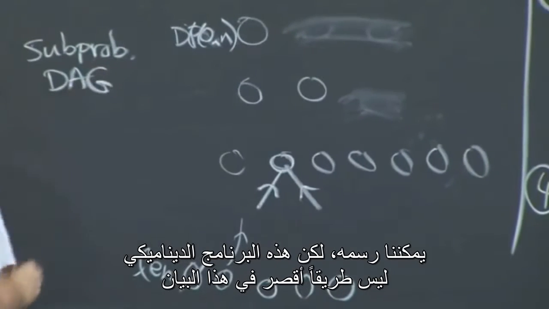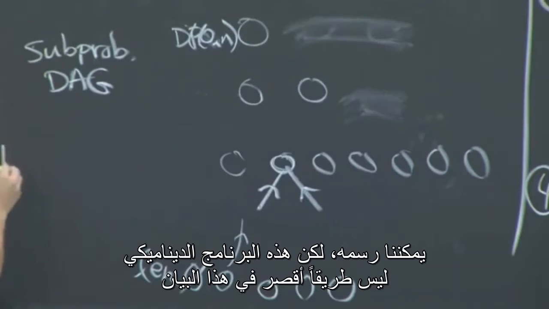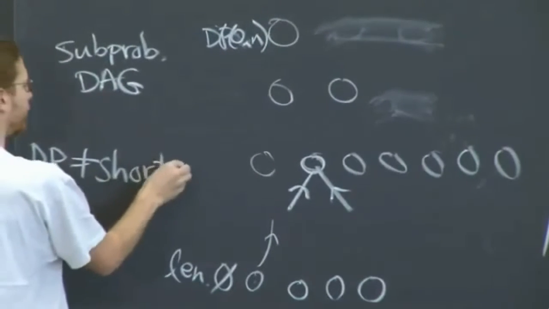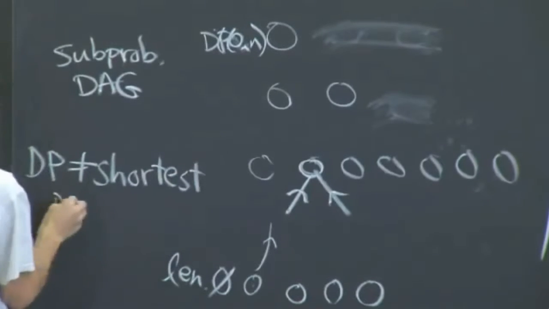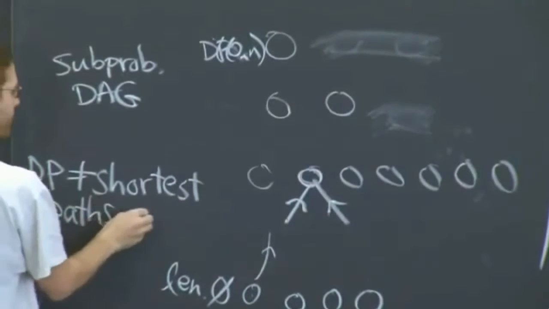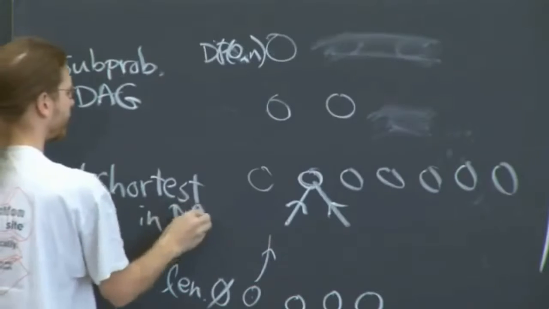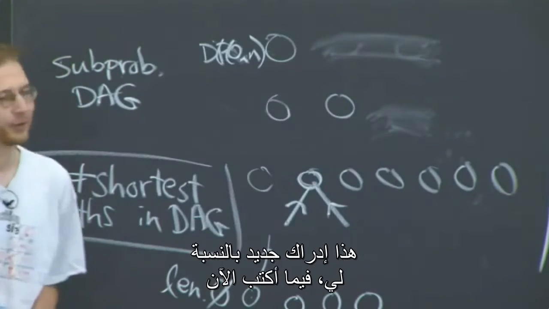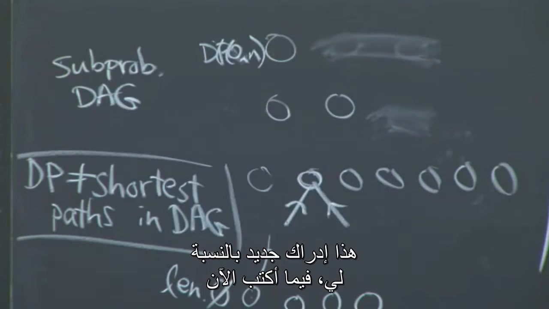You could draw it. But this DP is not shortest paths in that DAG. So perhaps dynamic programming is not just shortest paths in a DAG. That's a new realization for me as of right now.